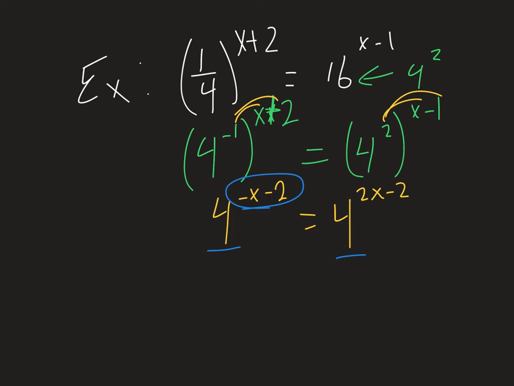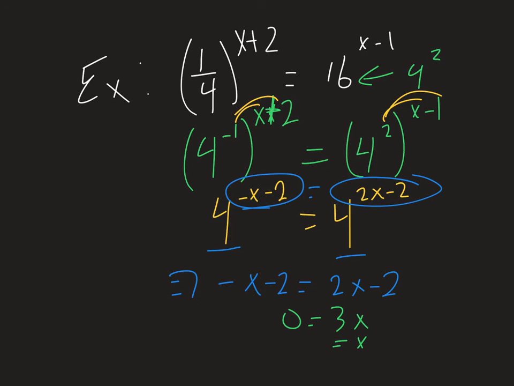Therefore, the only way this can be true is if these exponents are equal. So negative x minus 2 has to equal 2x minus 2, and we can add x to both sides and add 2 to both sides. So 3x has to be 0, therefore x is 0.